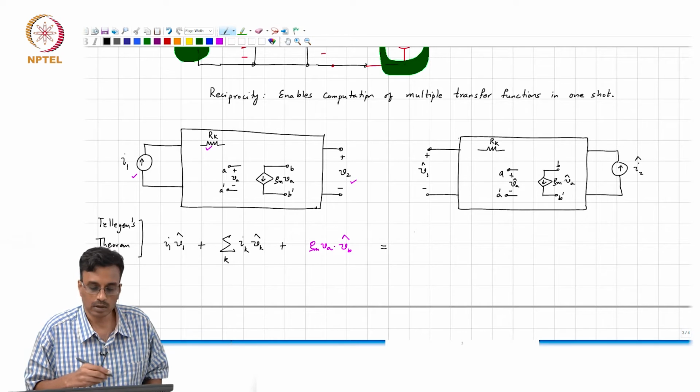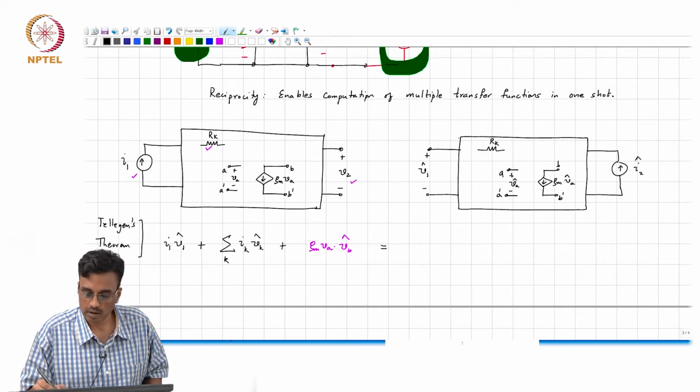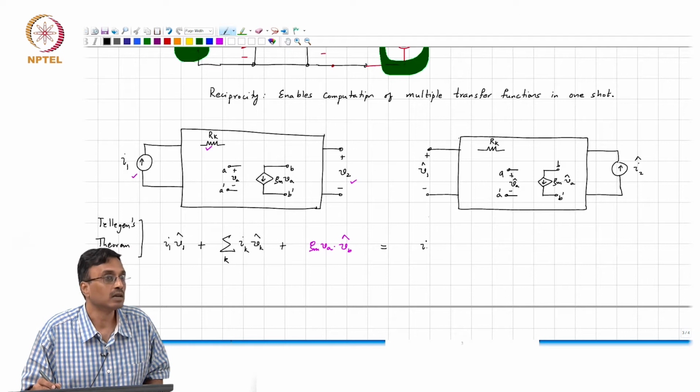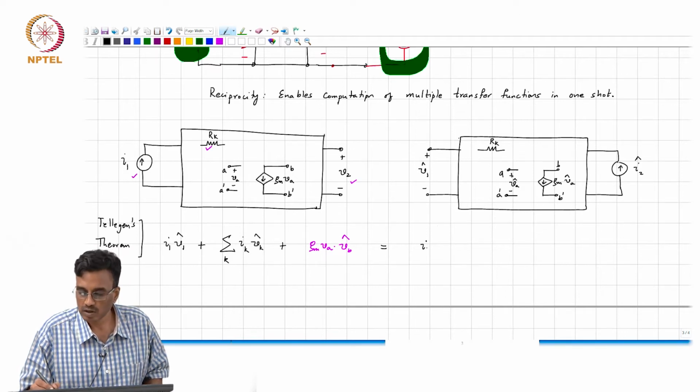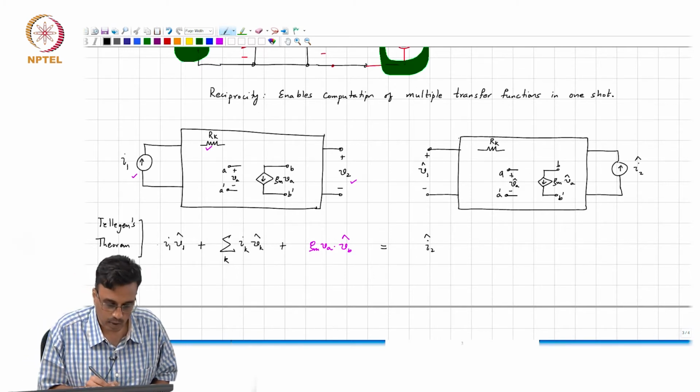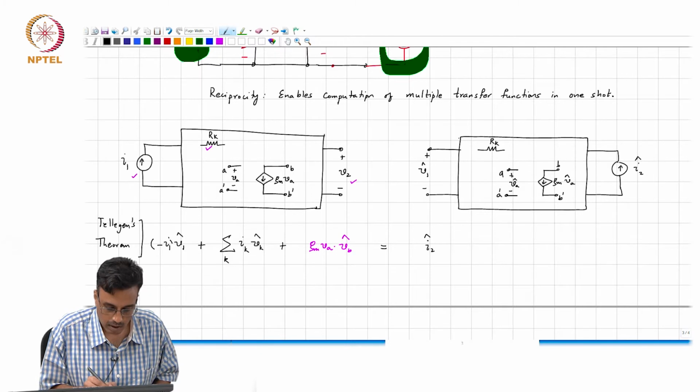I2, so I1 hat, what is I1 hat? I1 hat is 0, so we do not have to worry about that. So, what we need to worry about is I2 hat, or it is actually minus I1 times V1 hat.